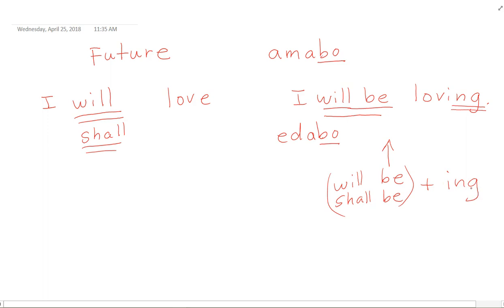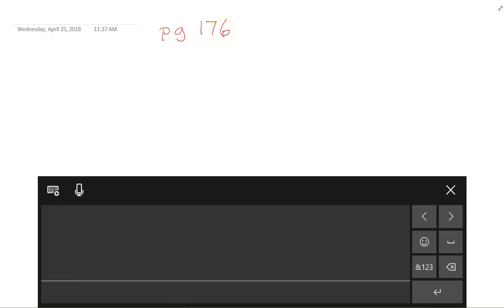Now, let's put that all together by looking at the chart at the bottom of page 176. You can see that we have our three tenses. We have our present on our chart, we have our imperfect, and we have our future. And I am not going to write this entire chart out.